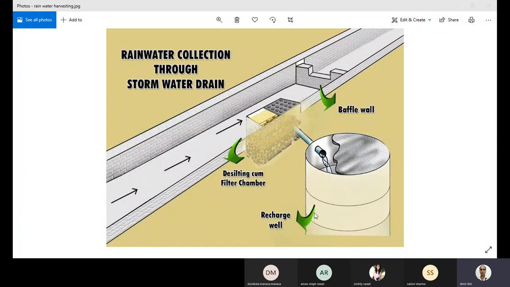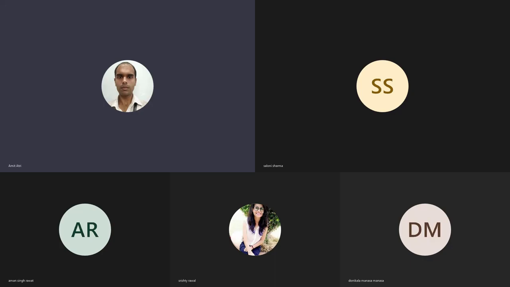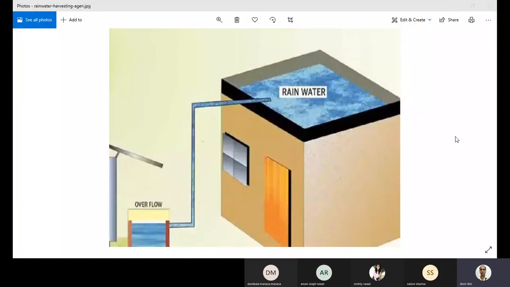So here, the recharge well, basically we are storing the water here. And for the household purpose, another method is there. Like here, for domestic purposes also, we can store the rainwater.